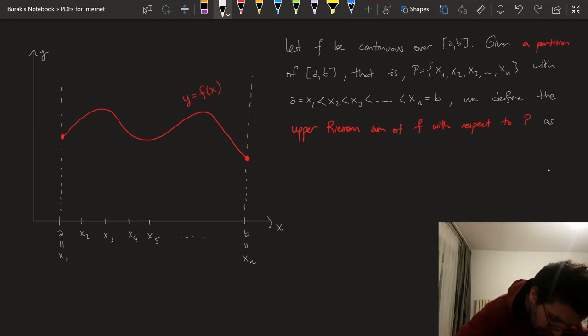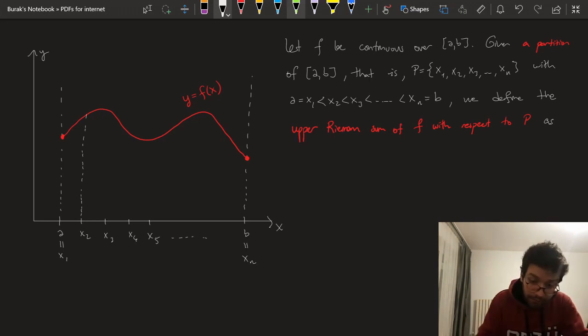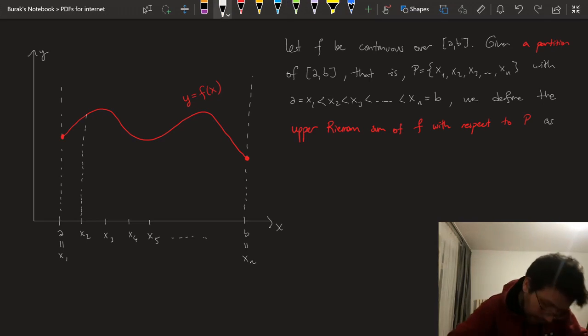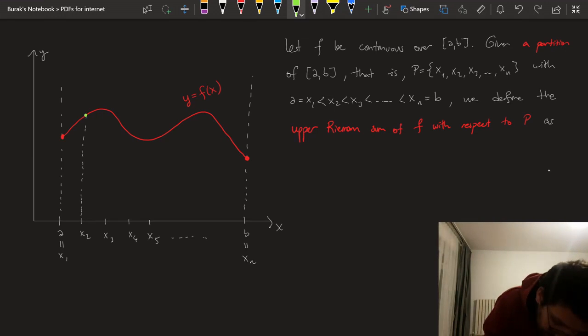For each of these intervals, in the first interval x1, x2, I'm going to find the largest possible value of f, which is this. And I am going to create this rectangle. I'm going to do the exact same thing for each of these intervals, xi to xi plus 1.